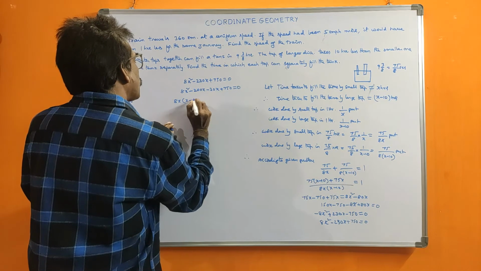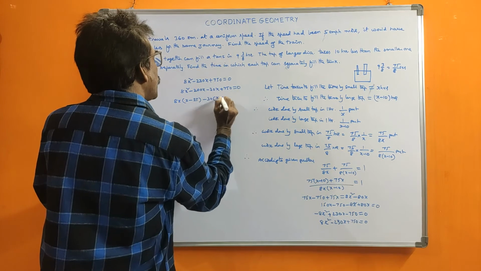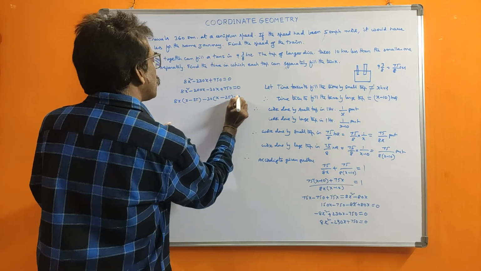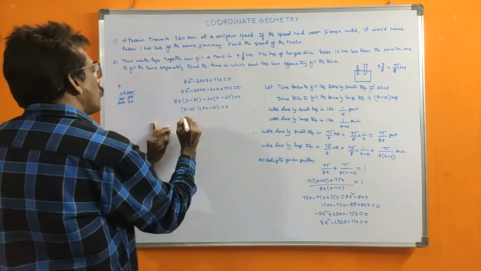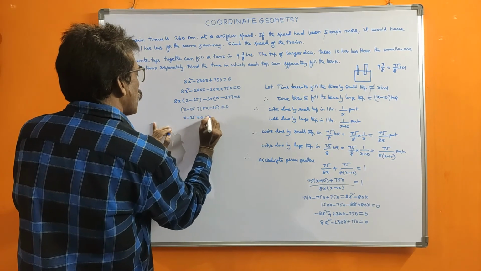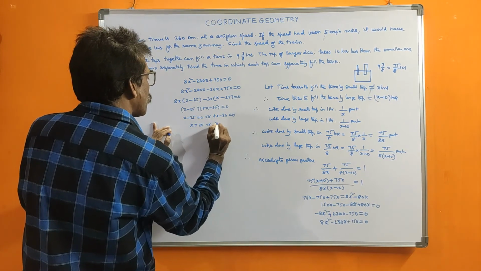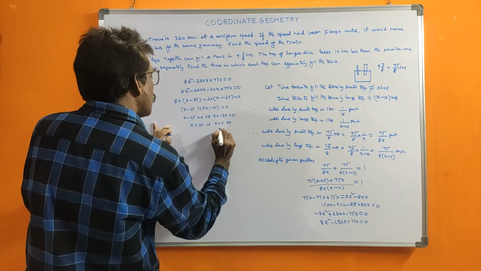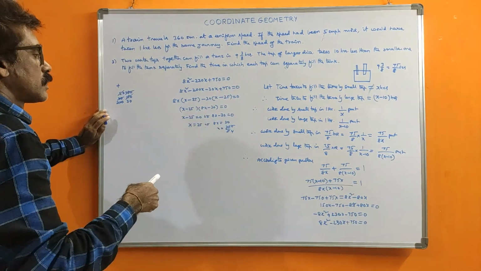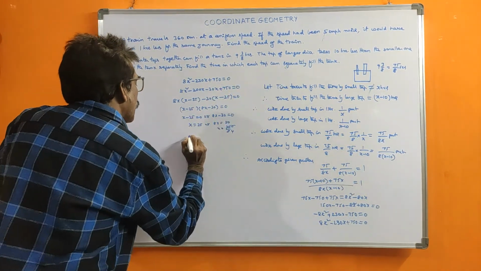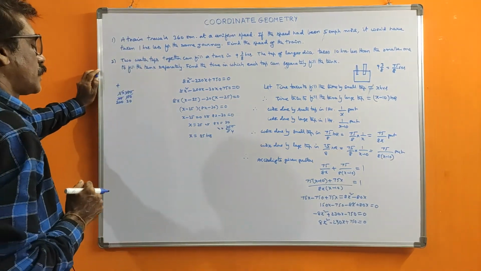So 8x into x minus 25 minus 30 into x minus 25 is equal to 0. x minus 25 into 8x minus 30 is equal to 0. So x is equal to 25 or x is equal to 30 by 8, that is 15 by 4. This is not possible, that's why x is equal to 25 hours.